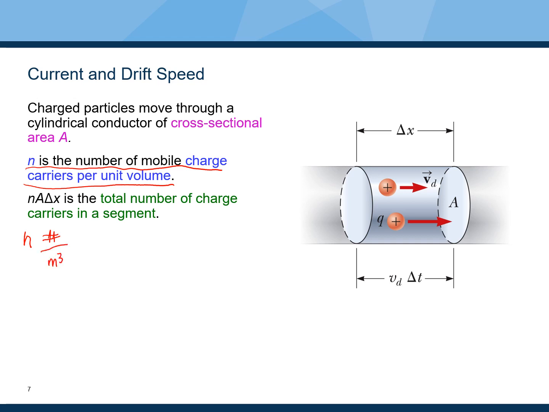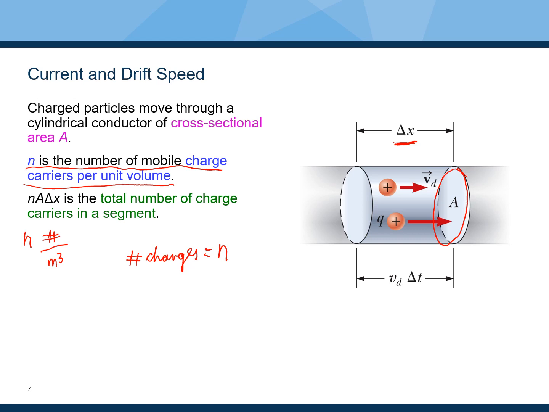Now let's go ahead and take a wire with a cross-sectional area A, and let's consider a length delta x of that wire. Therefore, how many charges will we have in this volume? The answer is that the number of charges is just equal to the number density, which has units of number per meter cubed, times a volume which has units of meter cubed.